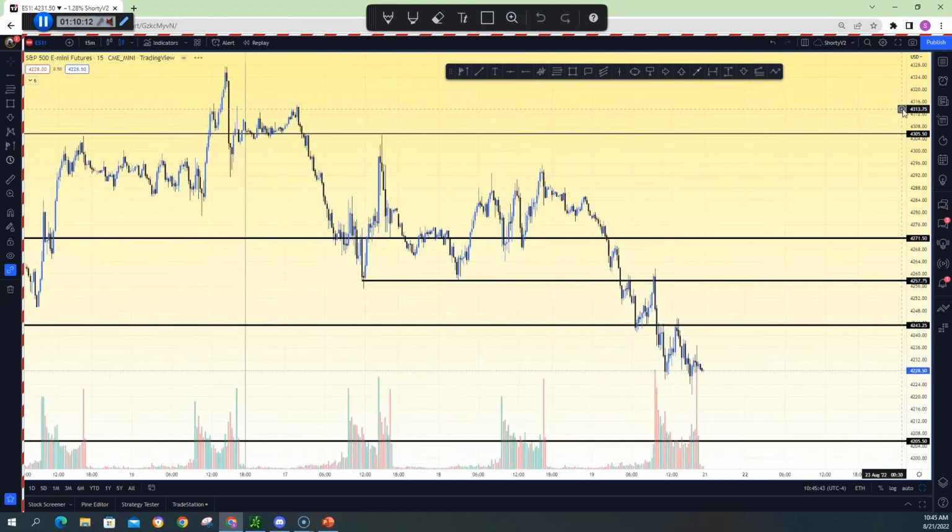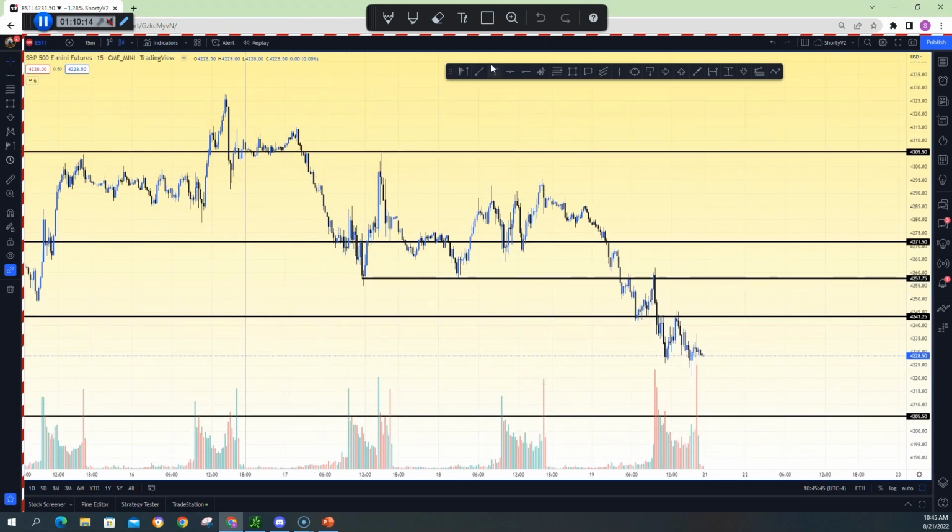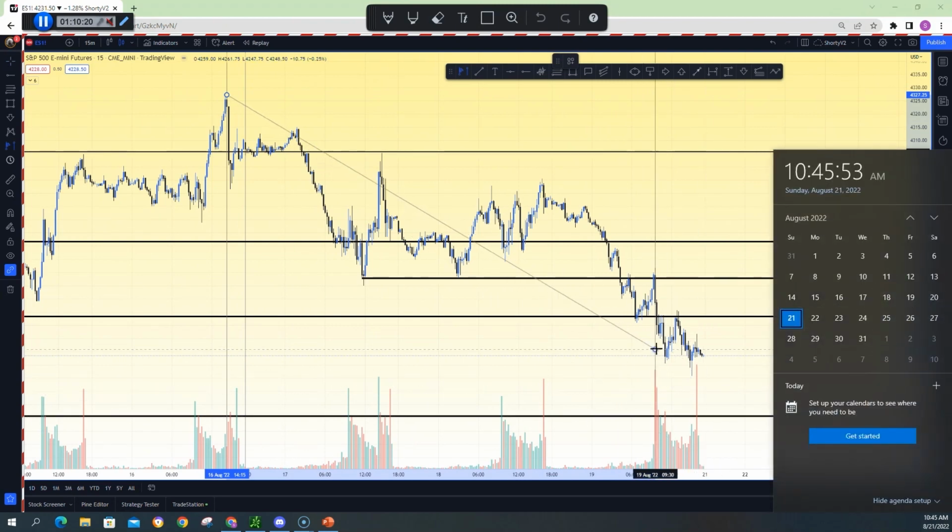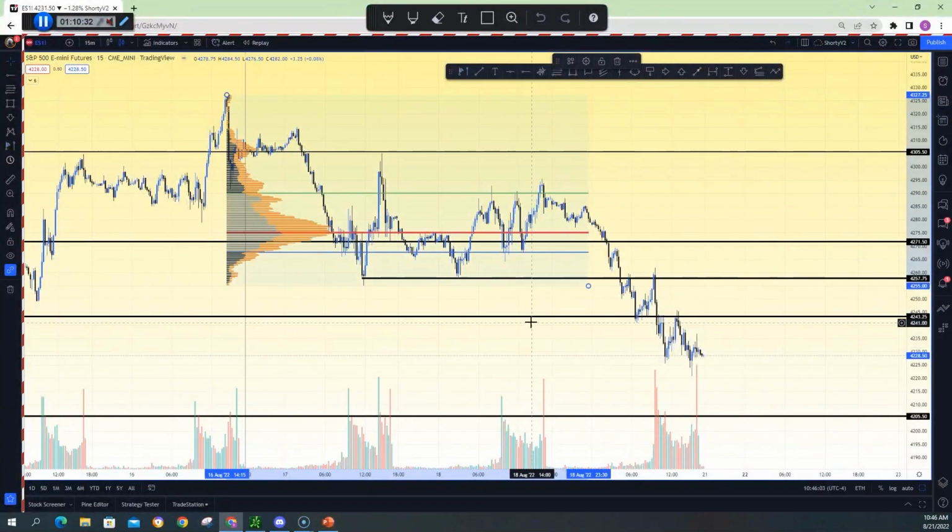And we know that because if we grab the sell-off from here, you'll see, where was it? It was the 19th, the Friday. I was going to grab it right below. Okay, close enough.